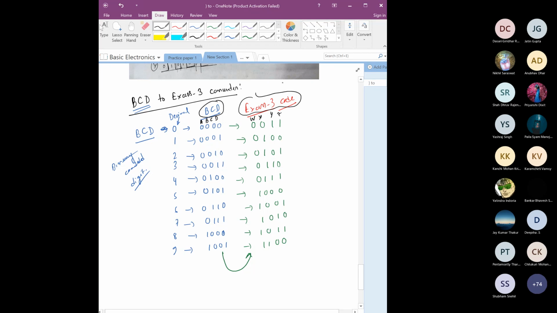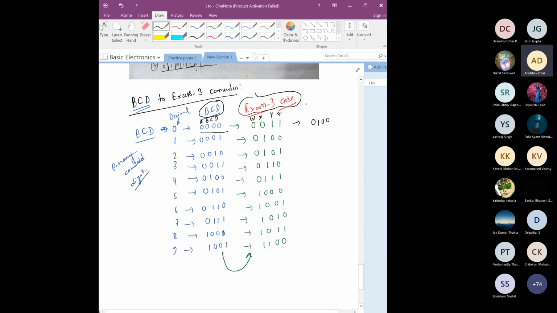But suppose you are converting this BCD to a code where this type of addition operation does not exist. Suppose the equivalent code in another conversion system is this, and there is no particular summation rule. In that case, how can you do that?